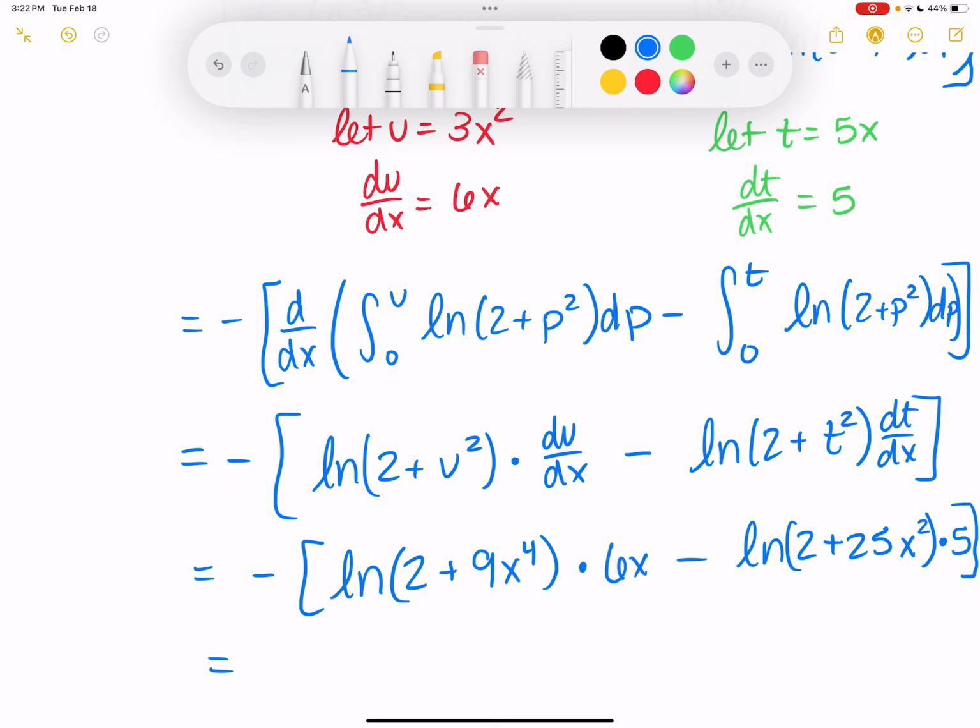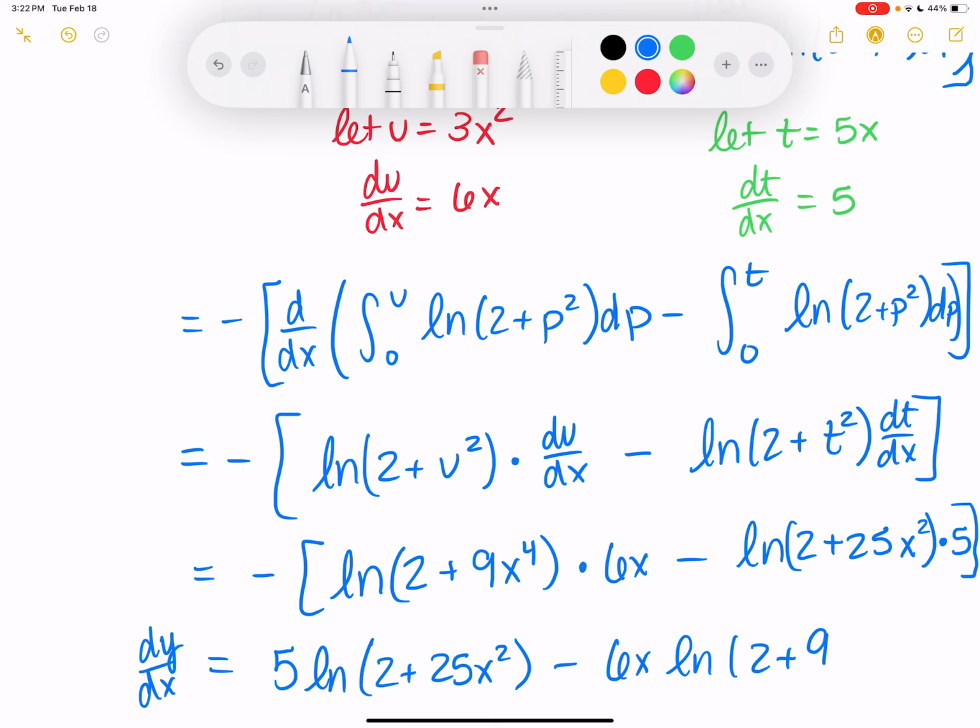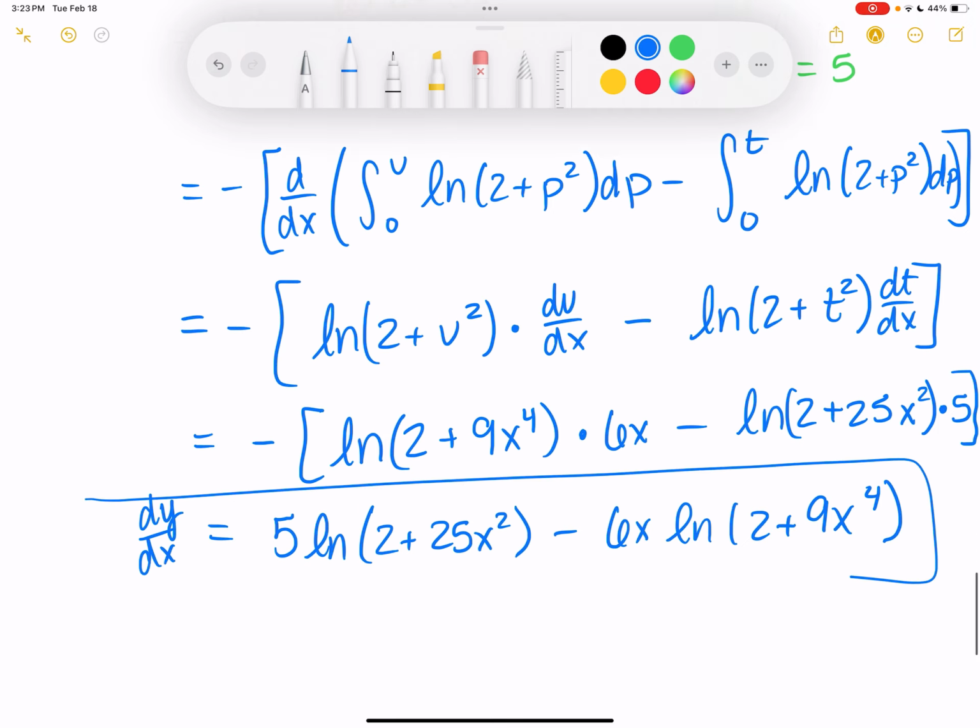So dy/dx is equal to 5 ln of 2 plus 25x squared minus 6x ln of 2 plus 9x to the 4th. And that whole thing would be my answer there.